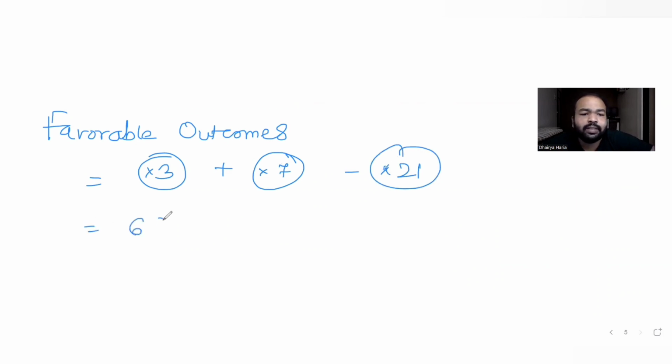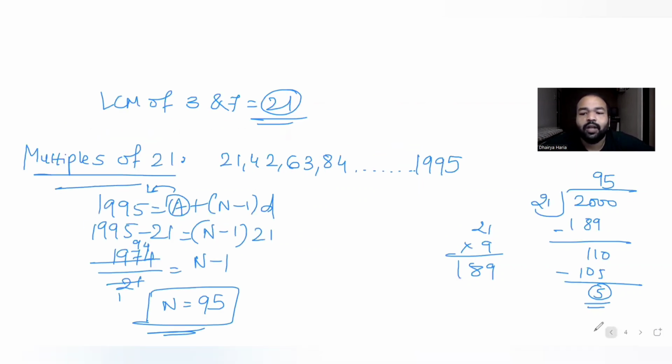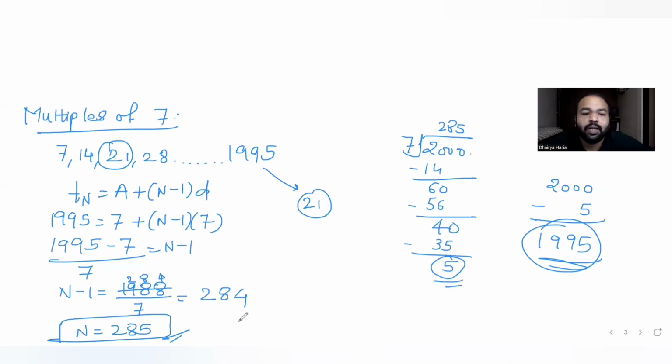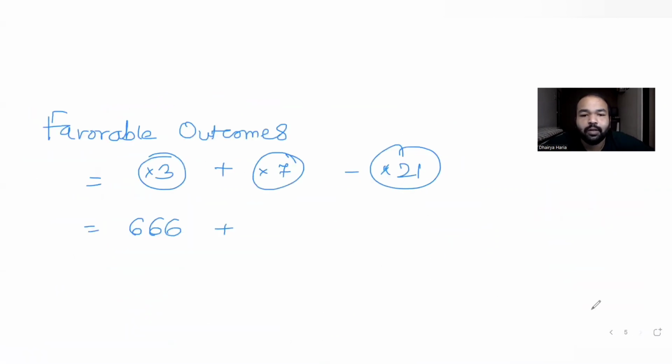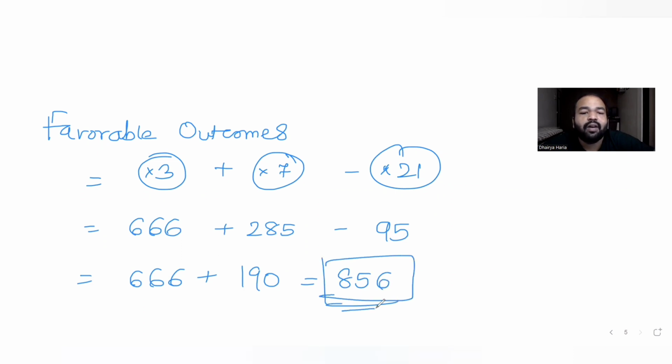We had 666 multiples of 3, then 285 multiples for 7, and for 21 we had 95 multiples. So using this idea, I get 666 plus 285 minus 95. 285 minus 95 gives me 190. 666 plus 190 is 856. So I have got the favorable outcomes, that is 856.